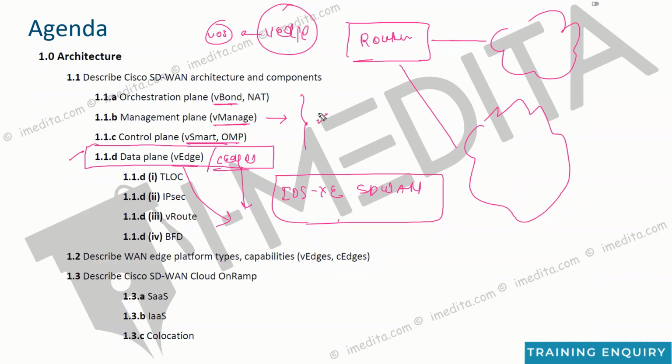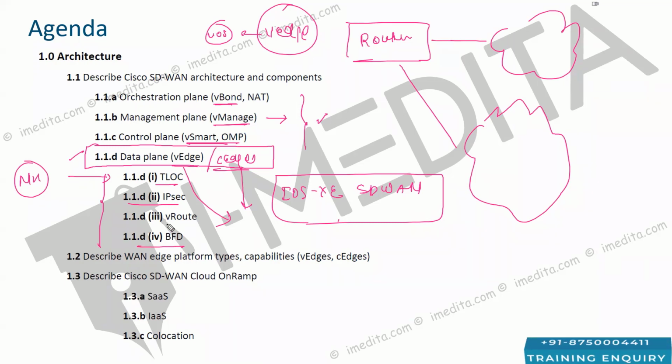In the first unit, we will talk in detail about all these components and some general terms, like TLOC. I said that TLOC is equivalent to the next hop that we have in our normal routed environment. IPsec, you must already know, provides security when we transmit traffic from one point to another point. BFD, bidirectional forwarding detection, for faster convergence. vRoute, typically called Viptela routes or VPN routes or service side routes.